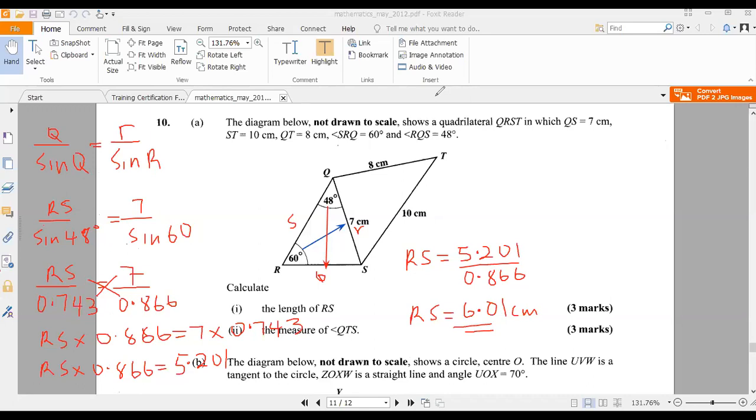All right, so can we move on to the next question, where they ask to define the measure of angle QTS? Can I clear the screen, please?